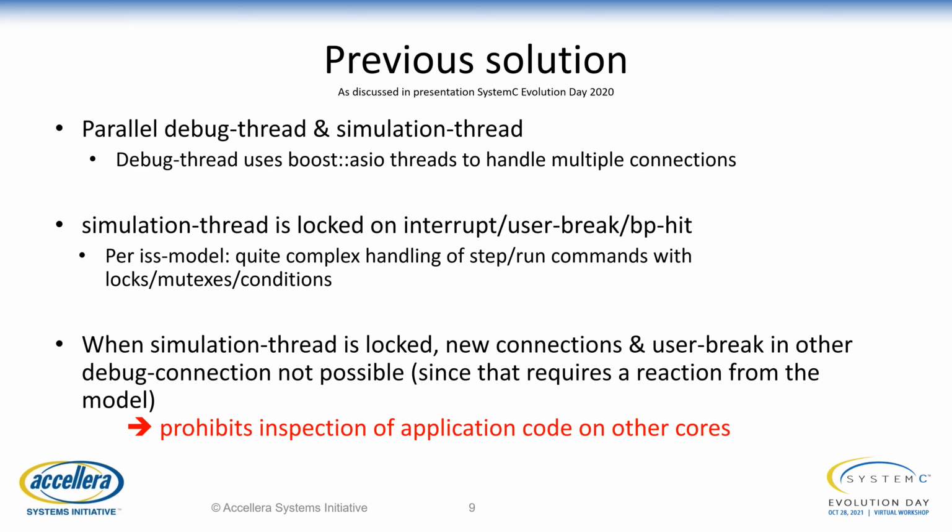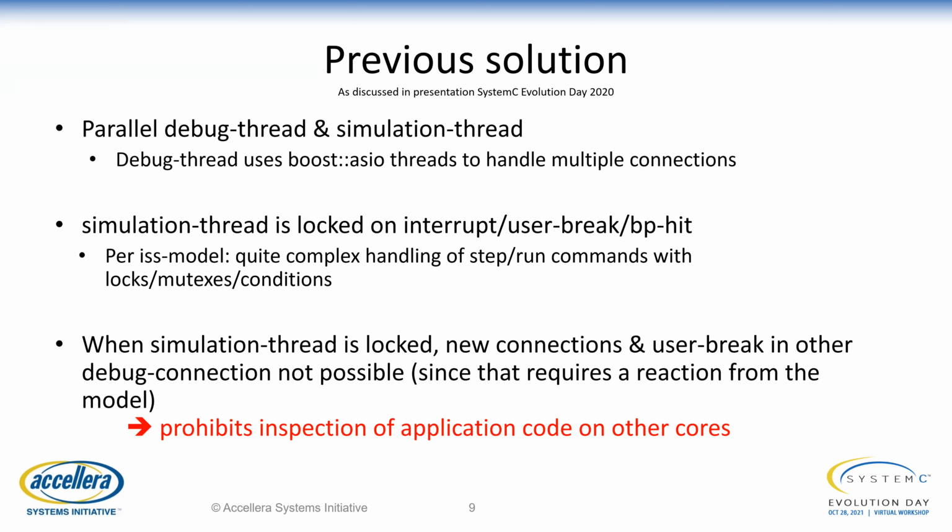And in the implementation, we had some quite complex handling per ISS model of the step and run commands with locks, mutexes, and conditions, which was, in retrospect, quite difficult to maintain and also to explain to other people.